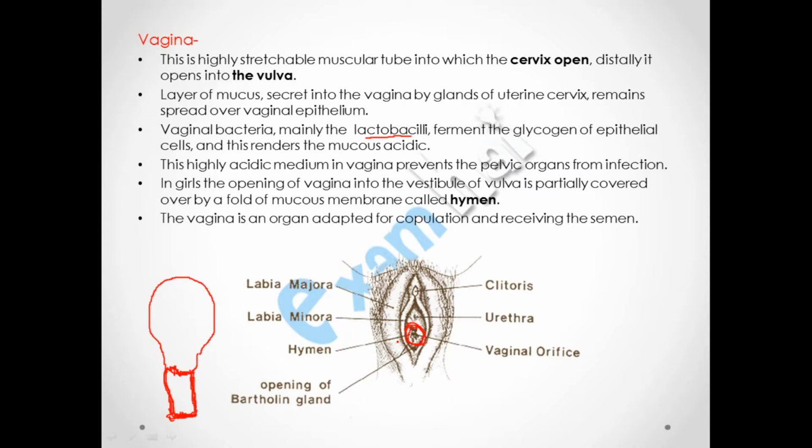But the hymen can also be present after intercourse, and the hymen layer can also be degraded at the time of sports activities like cycling or horse riding. So the presence of the hymen is not the actual criterion for the virginity of a female.